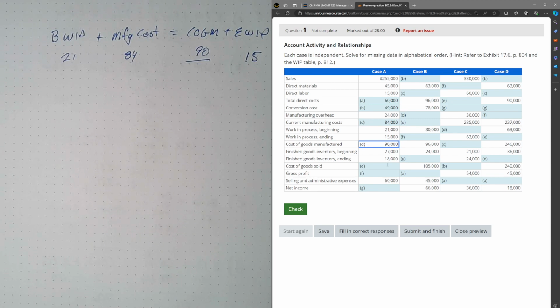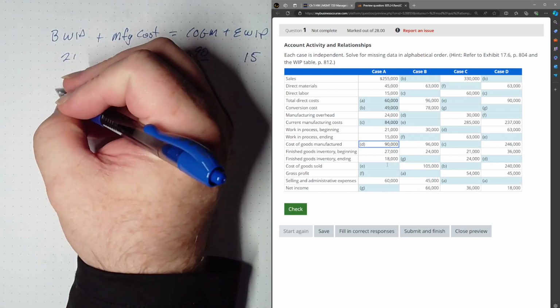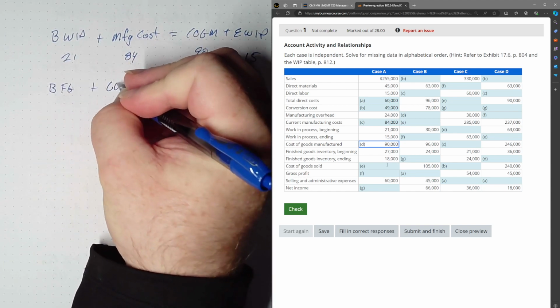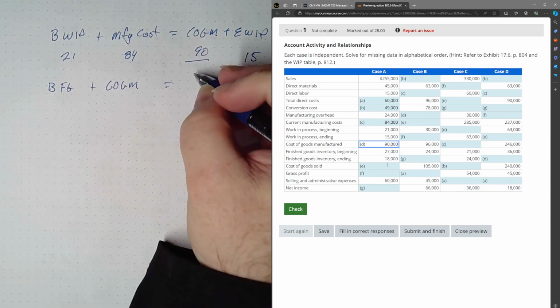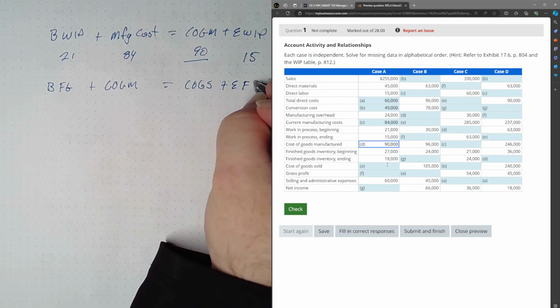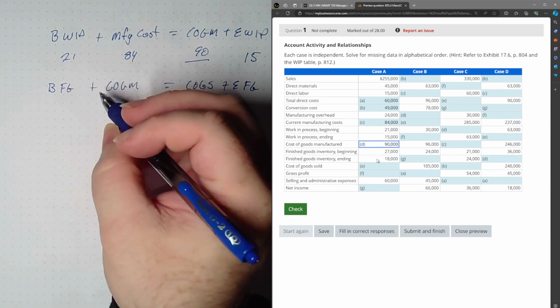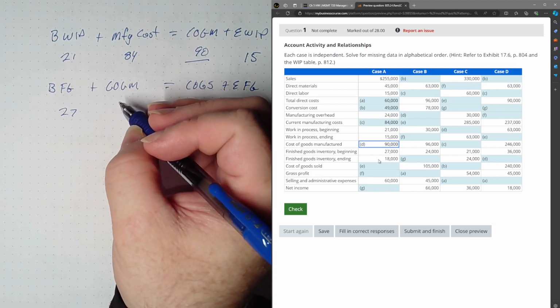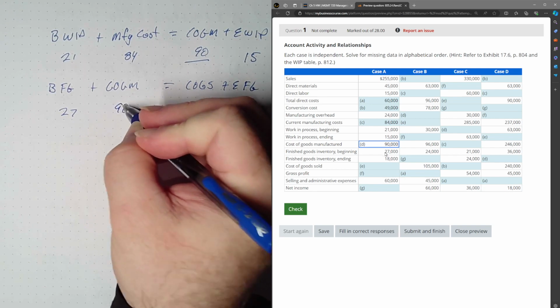And cost of goods sold. Well, you do the same thing, except with the finished goods. You'd have beginning finished goods plus cost of goods manufactured equals cost of goods sold plus ending finished goods. So beginning finished goods is 27. Cost of goods manufactured, we calculated as 90.